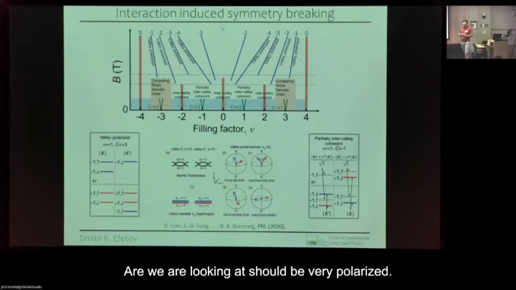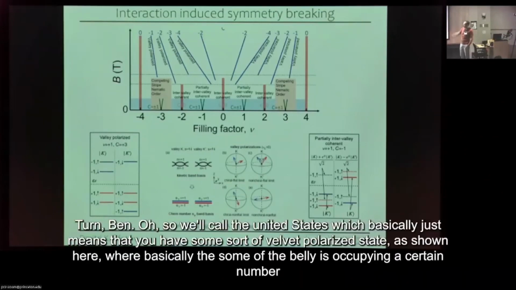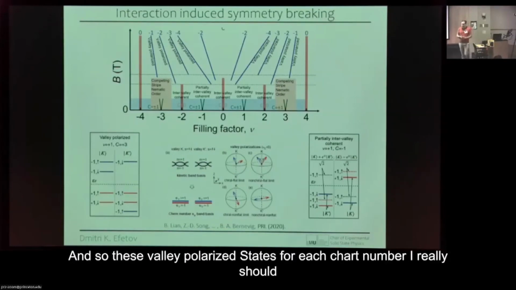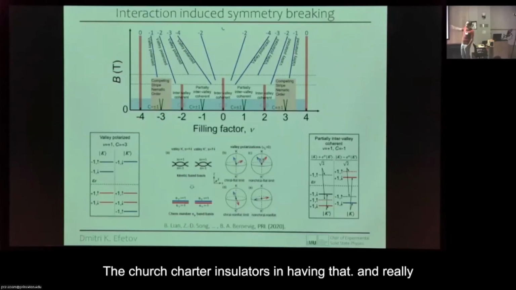Valley polarized states just means that one valley is occupying a certain number of Chern bands, and the other valley is occupying one less Chern number than the other valley. These valley polarized states for each Chern number should appear as Chern insulators in high magnetic field.